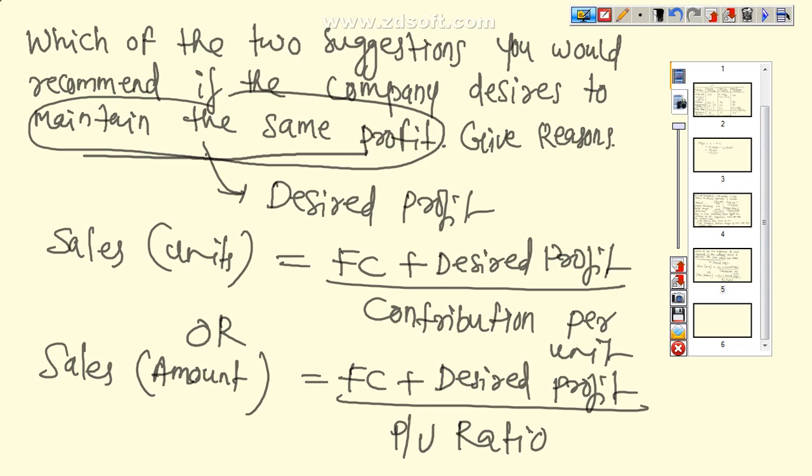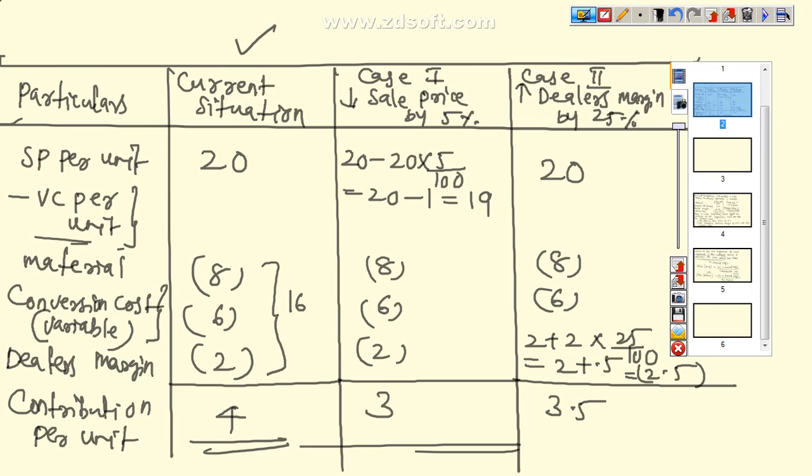First formula. Condition 1 is decreasing the sale price by 5%, the contribution is 3.